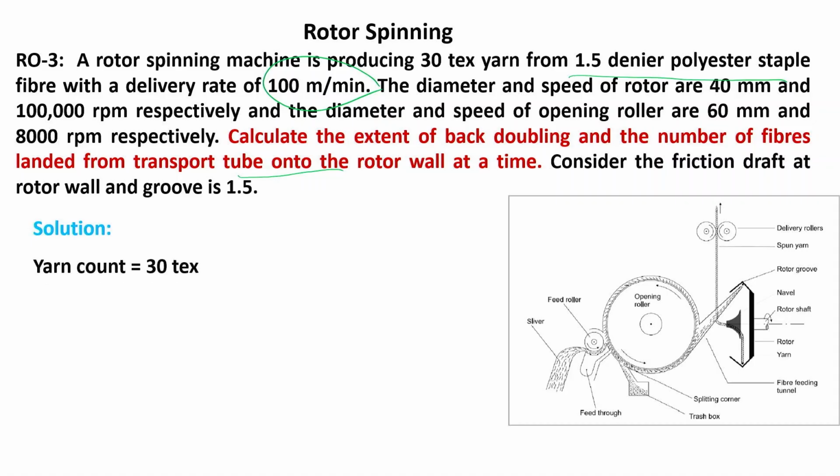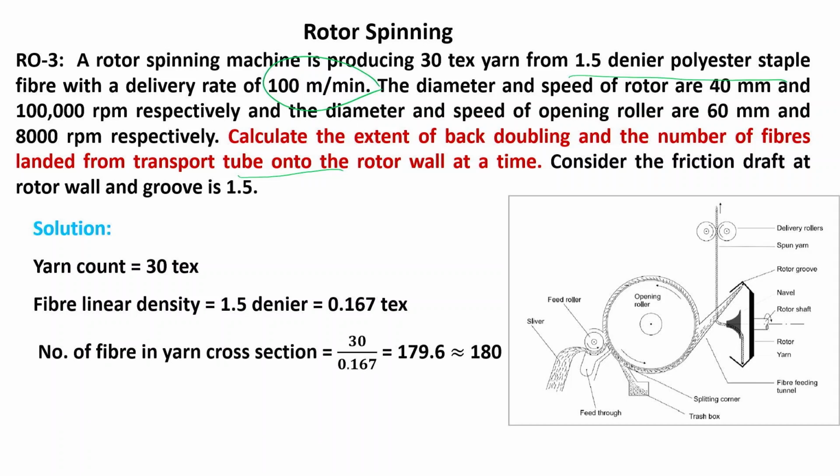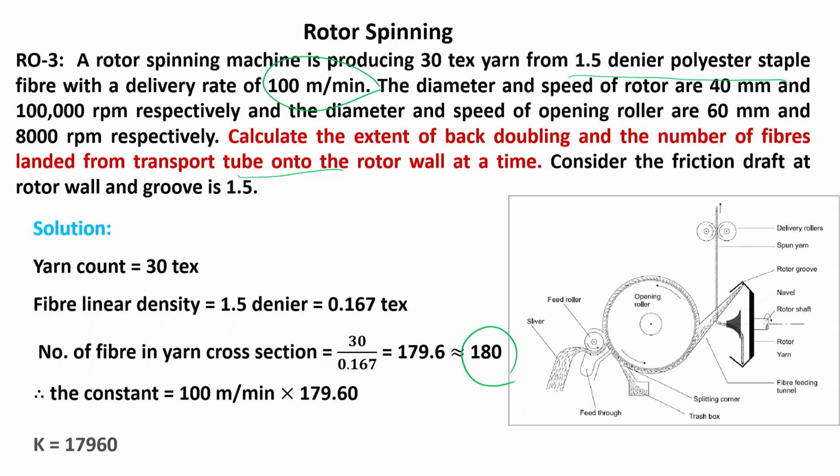So, in a similar numerical, the yarn count is 30 tex and the fiber linear density is 1.5 denier, so 0.167 tex. The number of fibers in the yarn cross section is 180, and the constant becomes 100 multiplied by 179.6, or 180. That is the constant for this system.